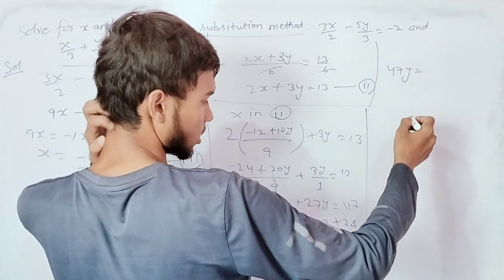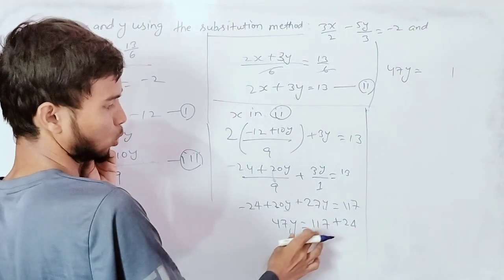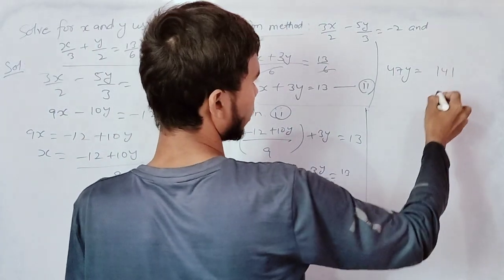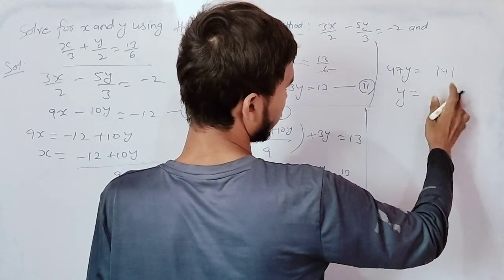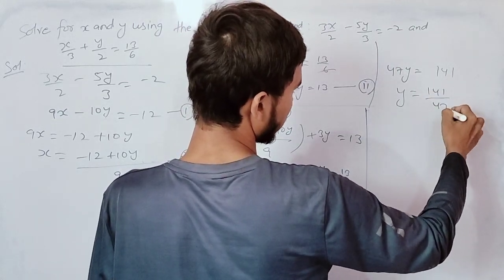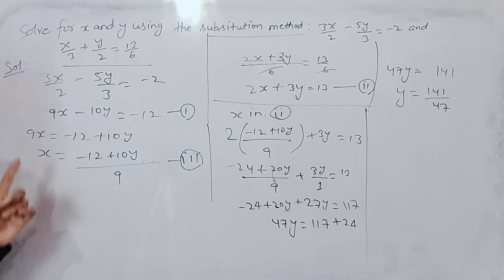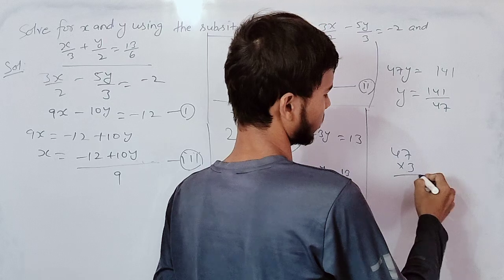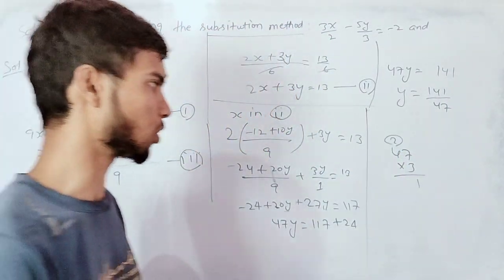So 141 upon 47. I think 47 will cut 141 by 3. Even you can multiply: 47 times 3 is 141.